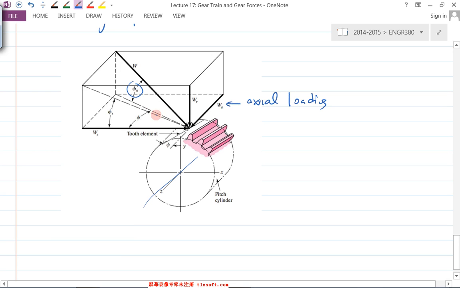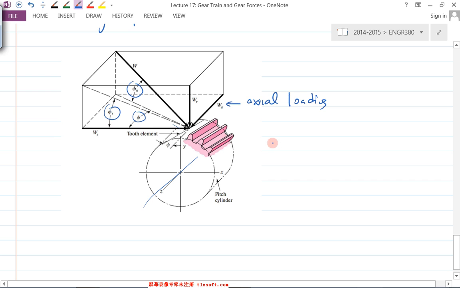And between this horizontal line, this one here, that's the helix angle. And between these two, this is the pressure angle in the transverse plane. Based on this geometry, you will be able to derive certain connections.